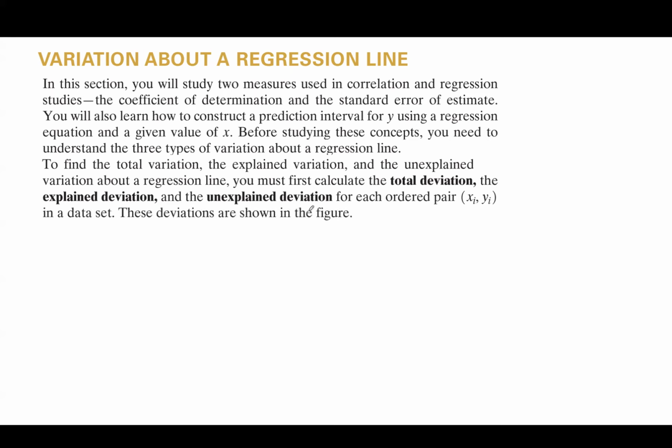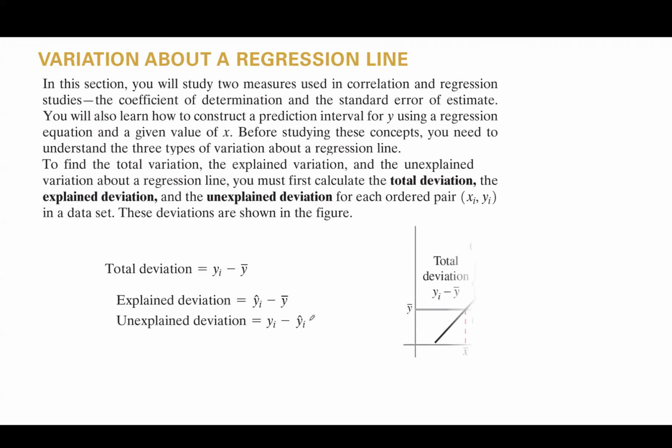These deviations are shown in the figure below. The formula for total deviation is y sub i minus y bar. Explained deviation and unexplained deviation have their own formulas. Explained deviation is y i hat minus y bar, and unexplained deviation can be calculated as y i minus y i hat.